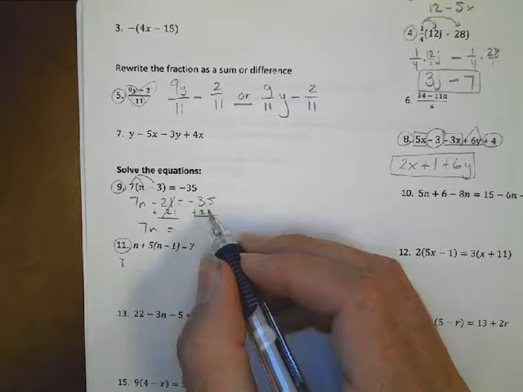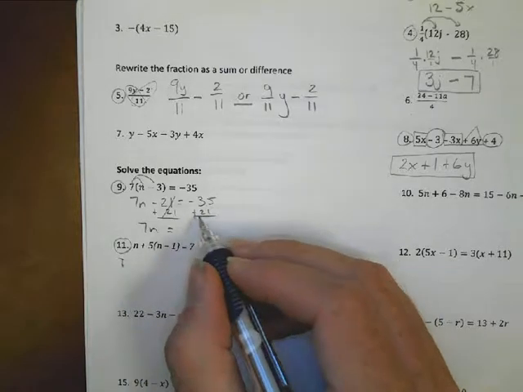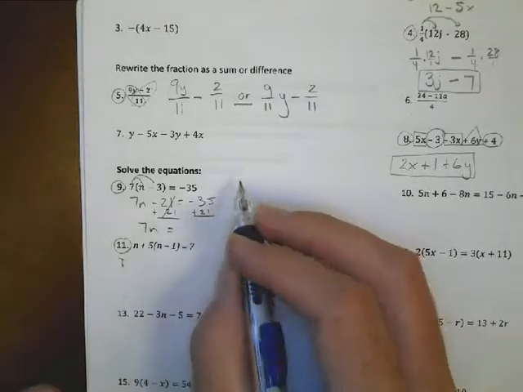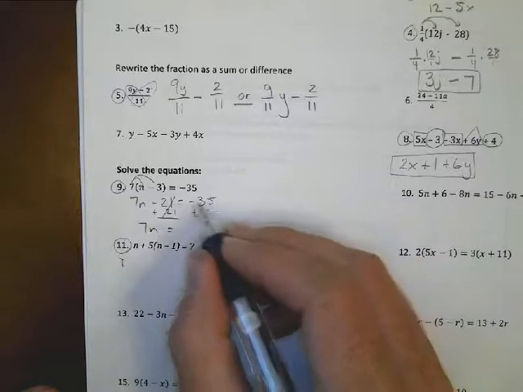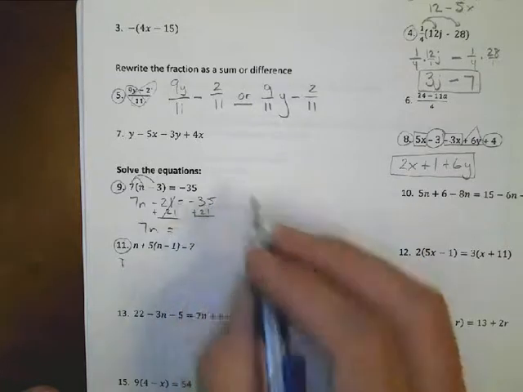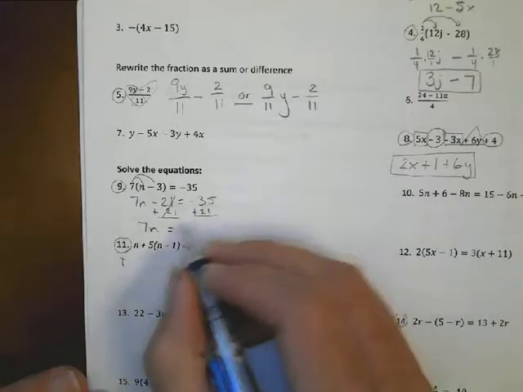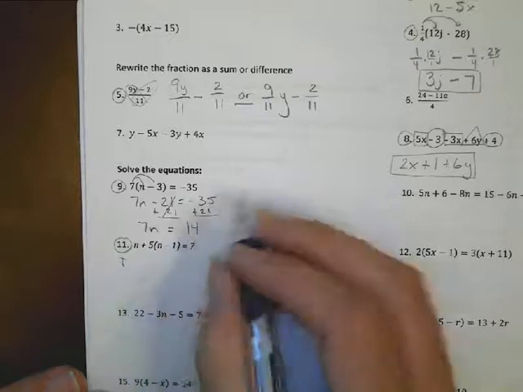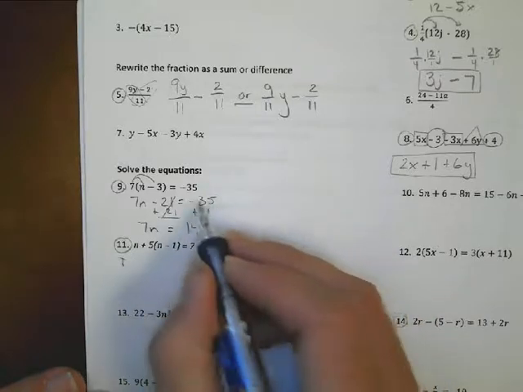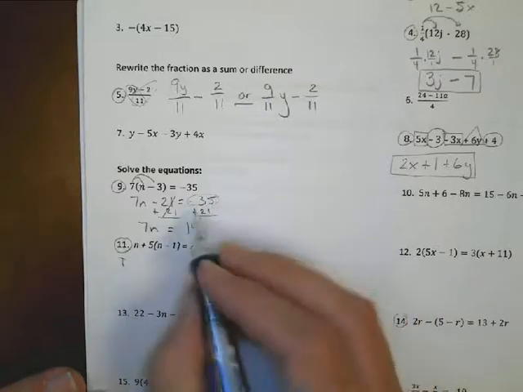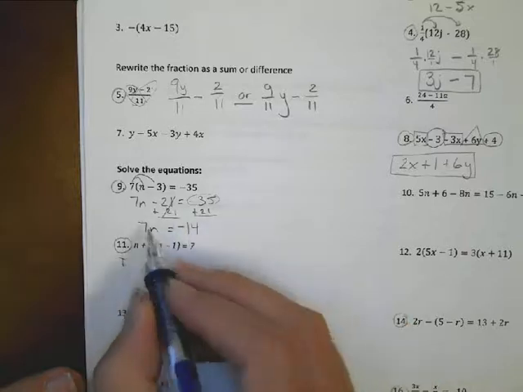Our rule is when the signs are different, negative, positive, I find the difference and I keep the sign of the one with the bigger absolute value. So in this case, I will actually do 35 minus 21, that's the difference. And I end up with 35 minus 21 is 14, but the number that has the greatest absolute value is the negative one, so this stays a negative 14.